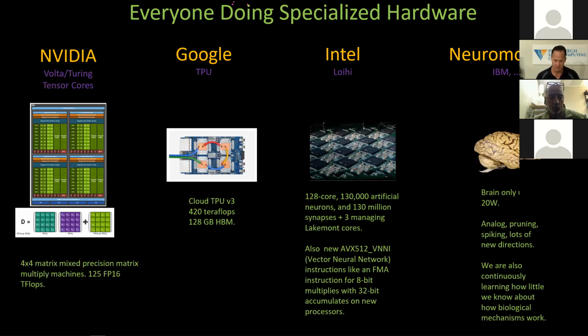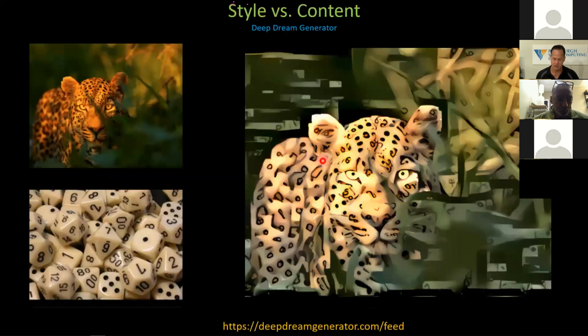Okay, let me point out again that with these convolutional nets, we go from low-level detail to layers that assemble things into higher levels of content. And you can see these things very visually in the popular online applications like Deep Dream Generator, which allow you to feed it a couple of images and say, use this one for the content of the image and use this one for the style.